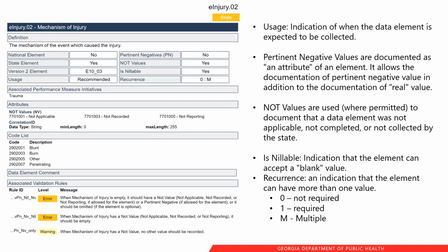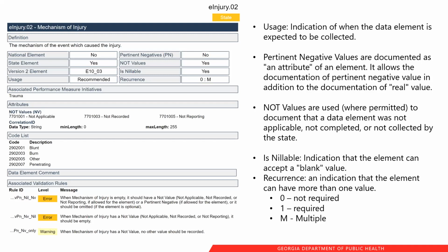Really the main difference between those is whether or not it can allow for not values. And so this one is recommended. So it doesn't need to be completed, and it does allow not values. The variable type that is required, it does allow that not value to be documented.